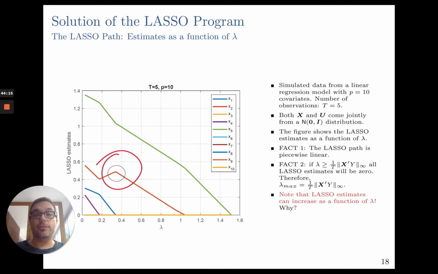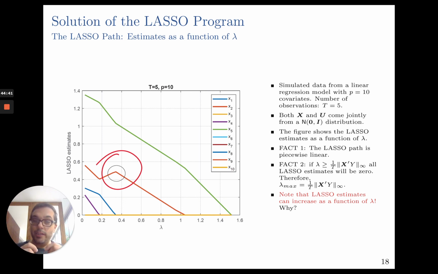The reason is due to correlations among regressors. We are shrinking the sum of the absolute values of the coefficients, so the L1 norm is being shrunk.